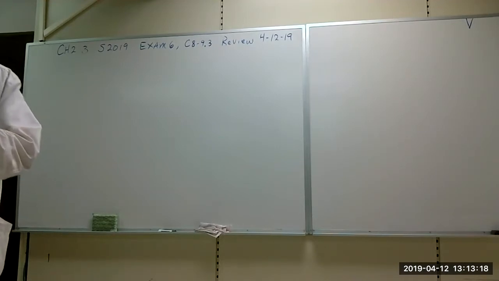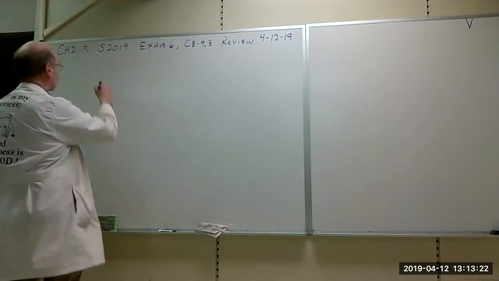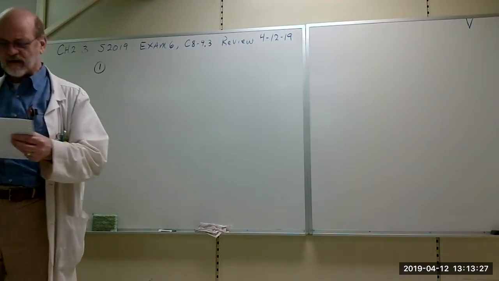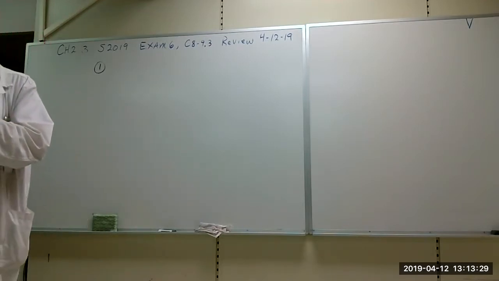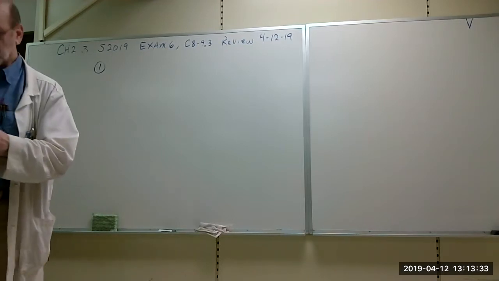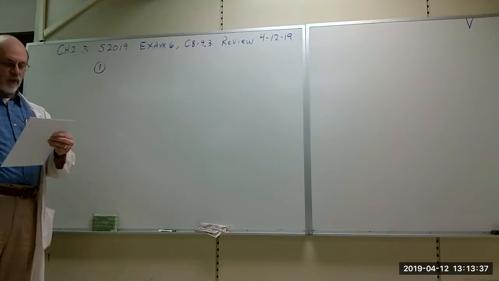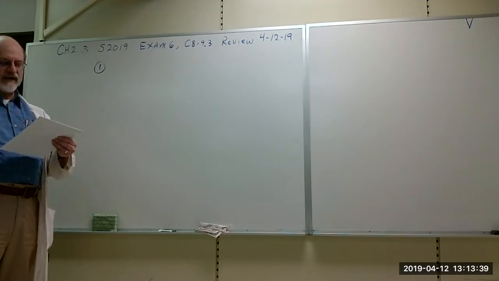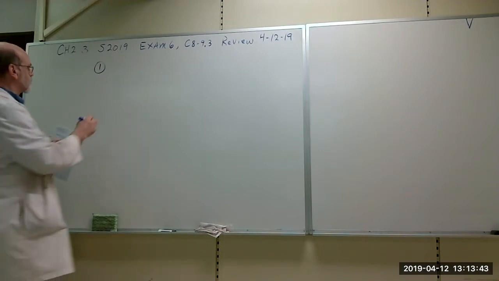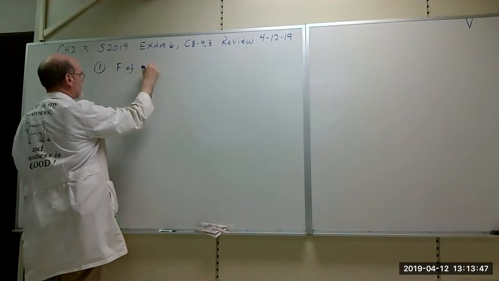Okay. So, the first one just says the force between two bodies having identical electric charges. Okay. So we're looking for A through E. Which one of these describes that force? A says it's a force of repulsion.